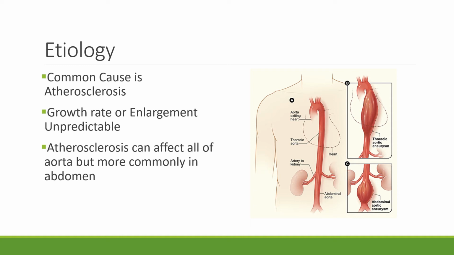Therefore, once identified, we monitor them with diagnostic tests to assess how quickly their aneurysm is enlarging. Now, while atherosclerosis can affect all of the aorta, it most commonly occurs in the abdomen, and so we have many more abdominal aortic aneurysms than thoracic aortic aneurysms.